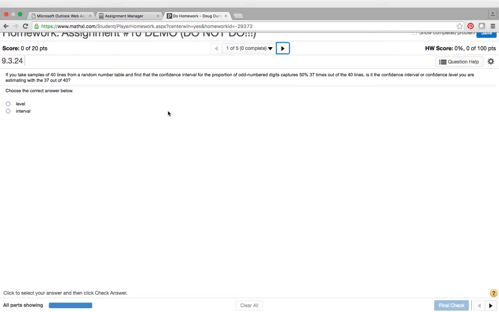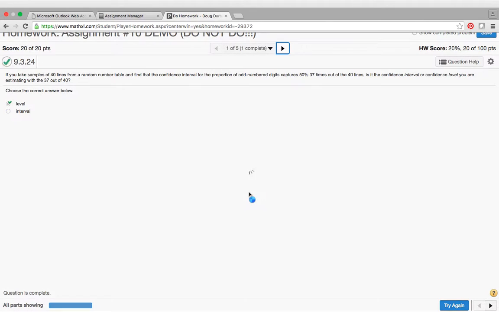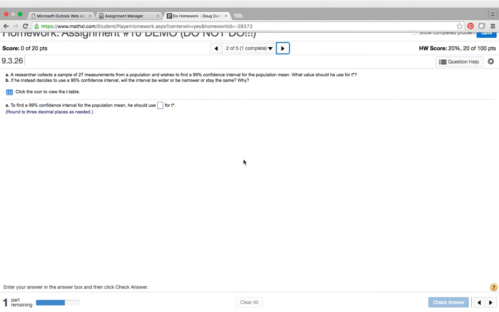Is it the confidence interval or the confidence level you are estimating with the 37 out of 40? Well, guys, that's going to be the confidence level, not the confidence interval. For the confidence interval, we use an estimate and we build our margin of error around it. So that's kind of a goofy question. I really didn't intend it to be on there. So, all right, now let's talk about some stuff that I did intend to be here.